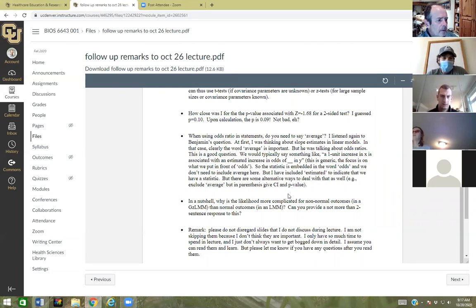Is it because you have to calculate the total probability? Okay, you're getting closer. Is it because you have to integrate the total probability pieces by small pieces?